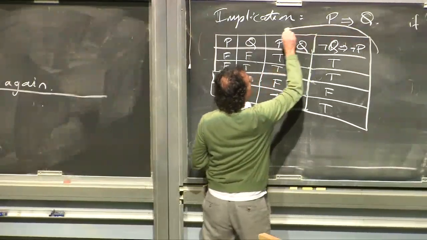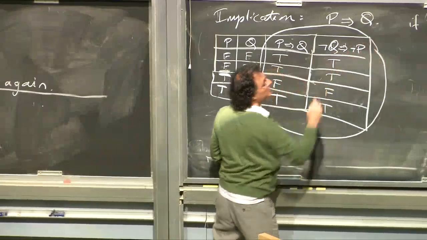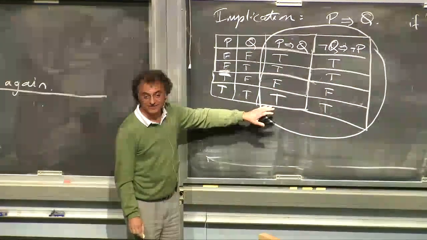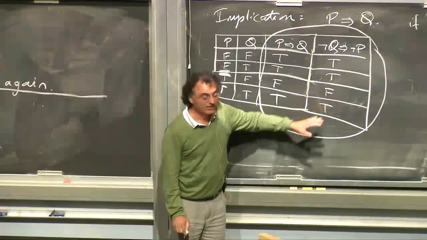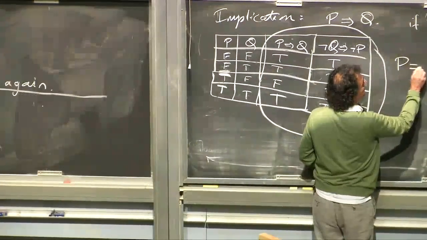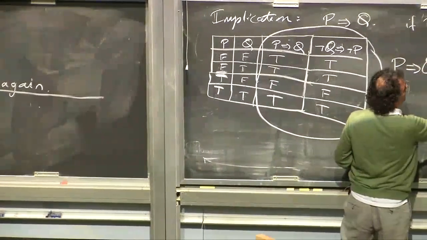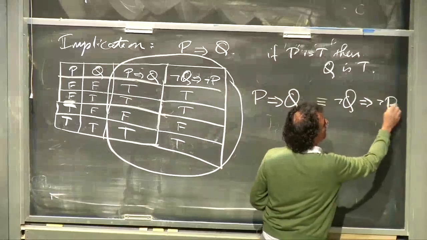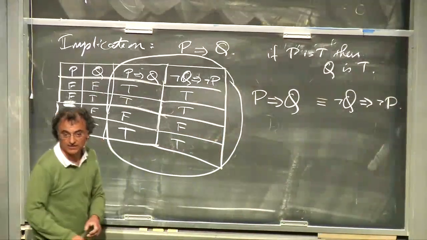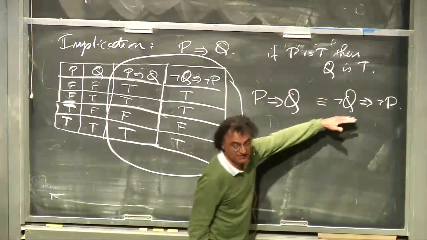Okay. So you look at these two columns of the table, and you see they're identical. Right? So P implies Q is the same as not Q implies not P. Okay? This is called the contrapositive.